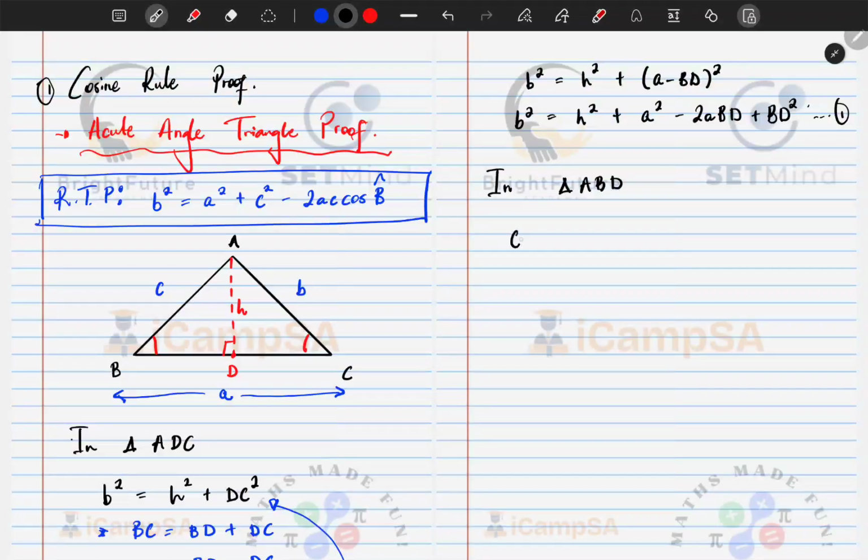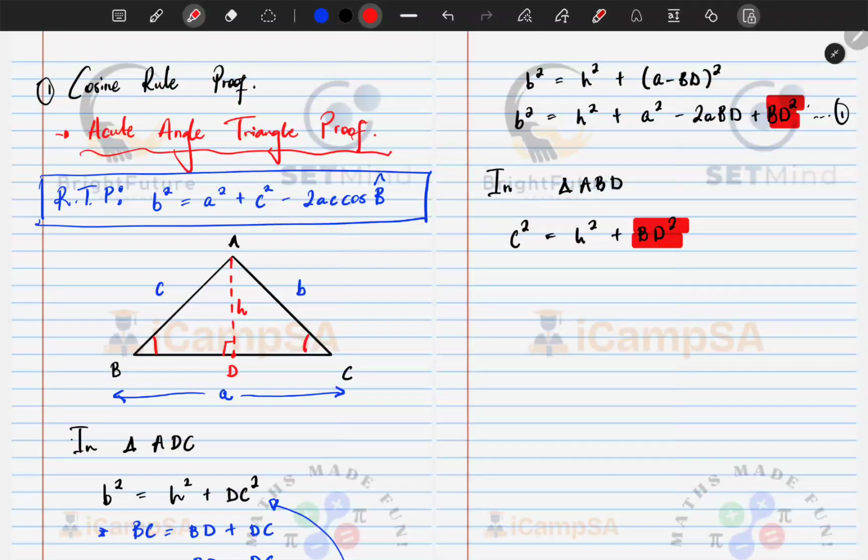Pythagoras theorem is going to say c squared is equals to h squared plus bd squared, right? Now I want you to notice something. Here I have bd squared, and here I also have bd squared, right?